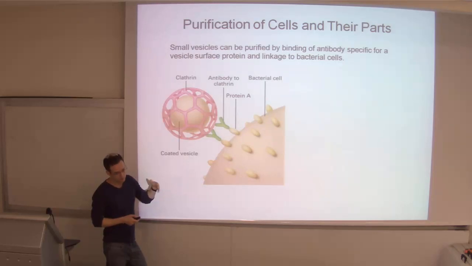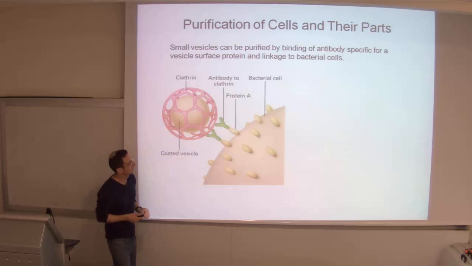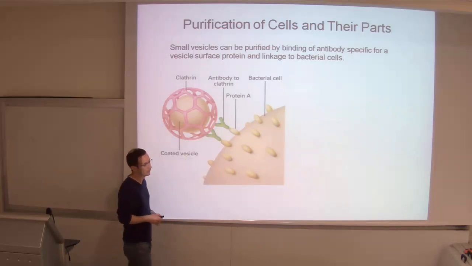You can then, after several washes, be left only with these clathrin-coated vesicles, and you can centrifuge them very easily because they are linked to a very heavy anchor.